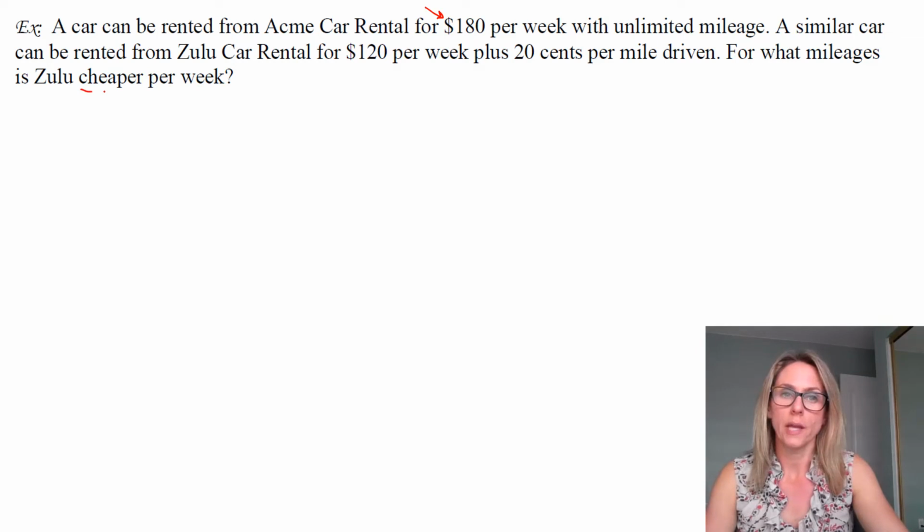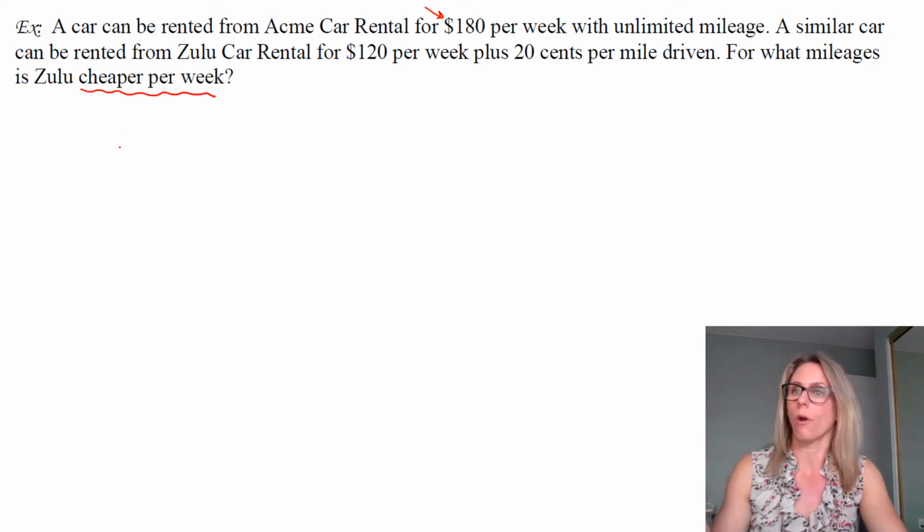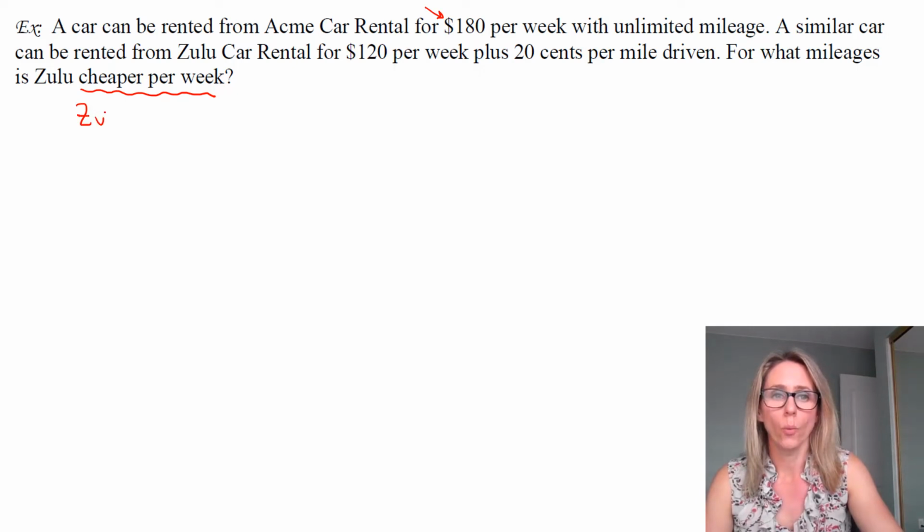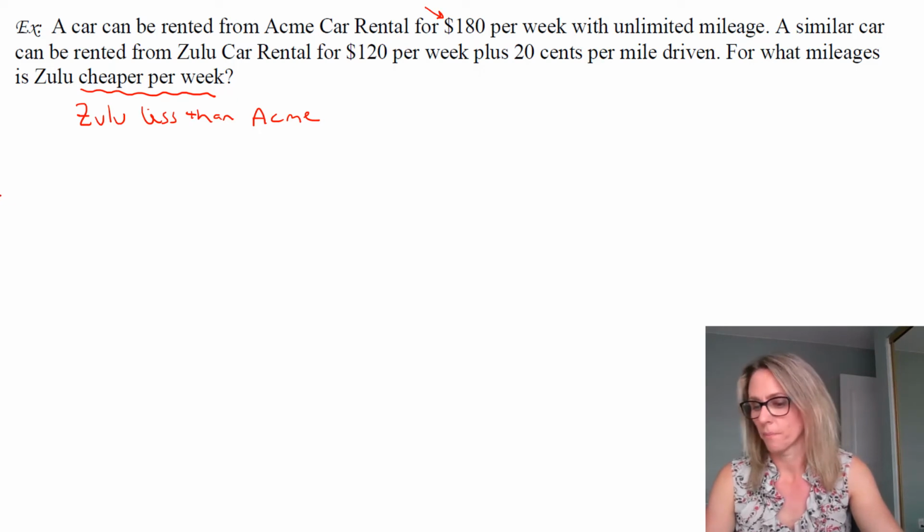So understand that these words are application words, cheaper, but it means when is Zulu less than Acme? That's how we want to think about this. So for Acme, we're just going to make ourselves a linear equation and we're going to solve it.